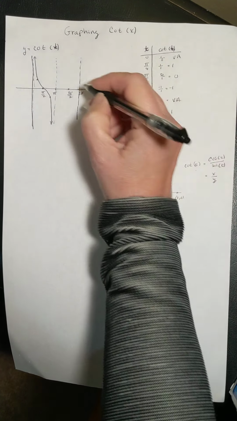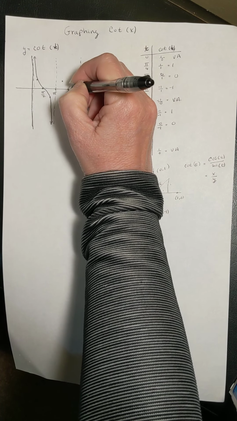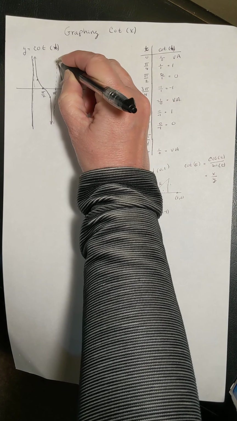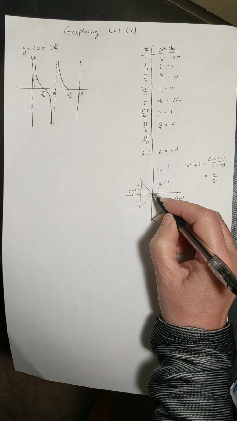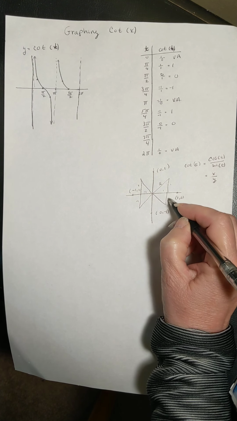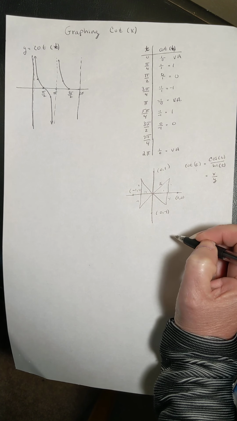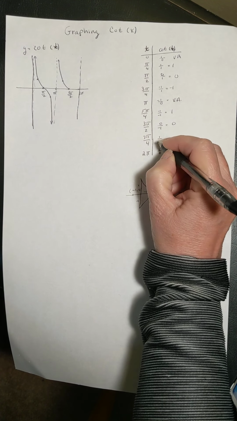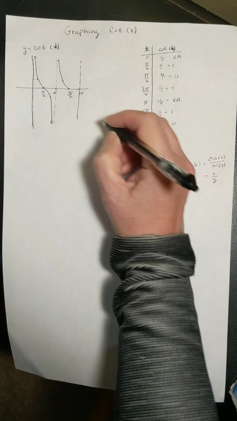And so it's positive again. And then if I go in the fourth quadrant, it'll be 1 over negative 1. And so it's negative again.